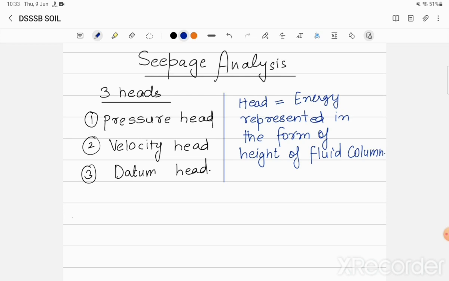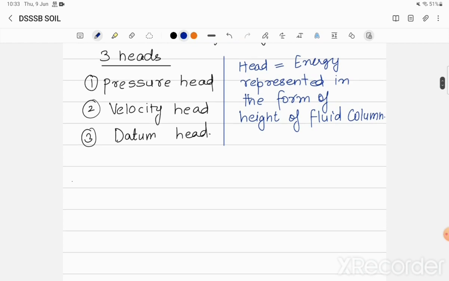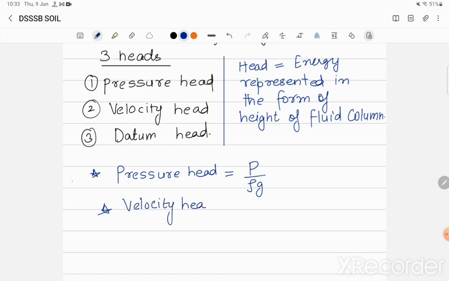From Bernoulli's equation we have pressure head as P by rho g, velocity head as V square by rho g, while datum head as Z.